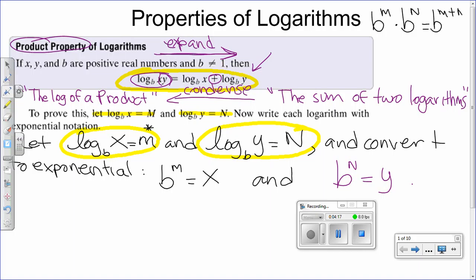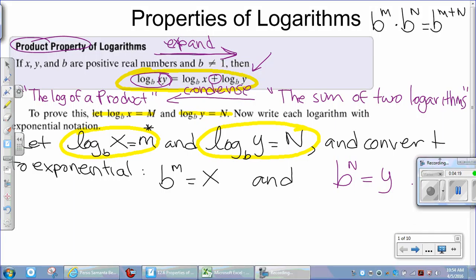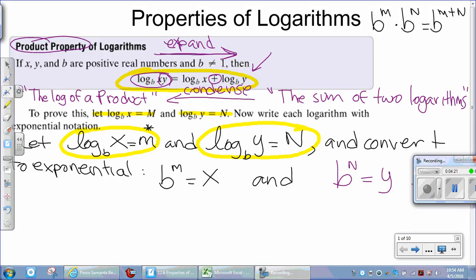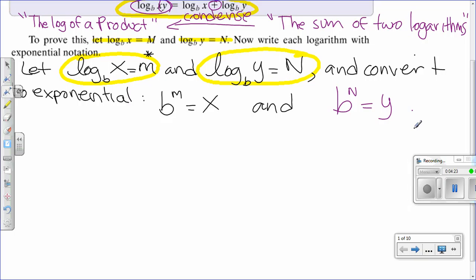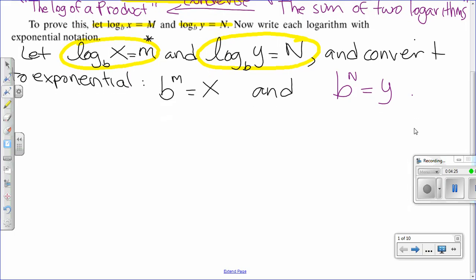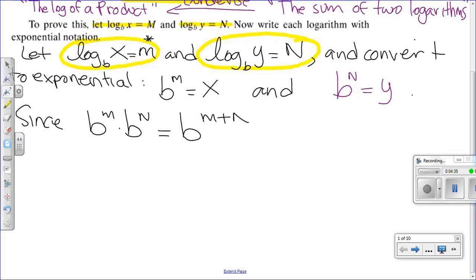And so that's what I'm going to write down here. So b to the power m times b to the power n is equal to b to the power m plus n, right? You guys are comfortable with that? Okay.